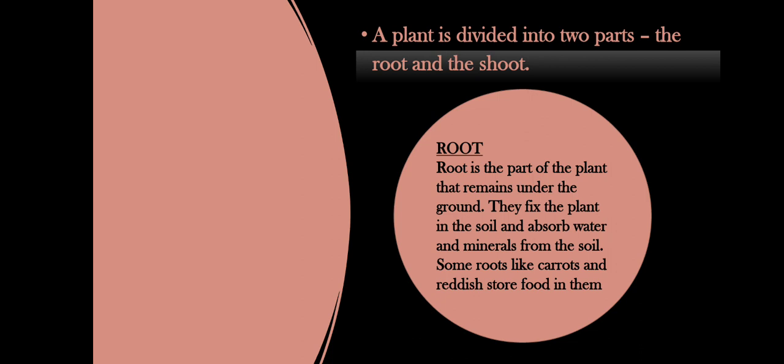Sometimes plants grow very tall, but they are fixed in the ground. Why are they fixed? Because their roots are present under the ground. So they fix the plant in the soil. What is the work of the root?